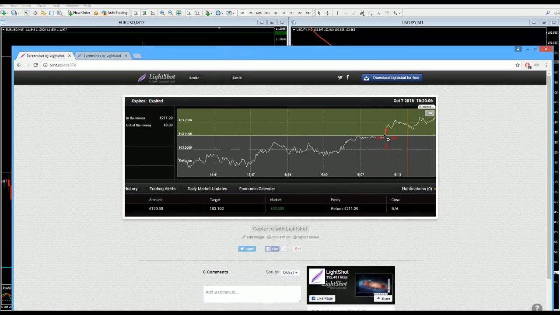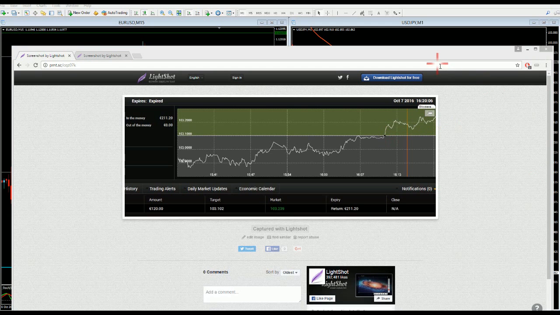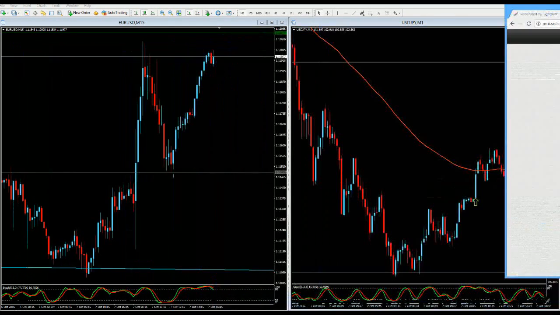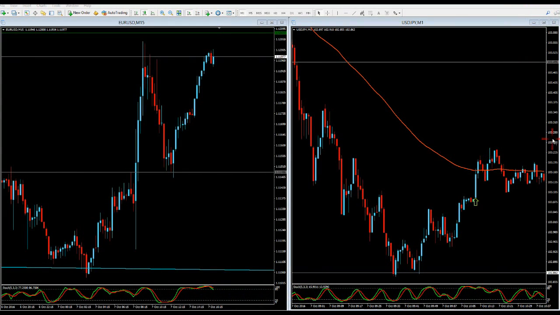As you can see, the entry here, and the expiry up here, and the opening price and the market price when the trade ended, and the return. So let's take a look at why I took this trade.